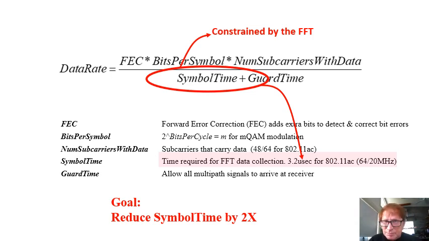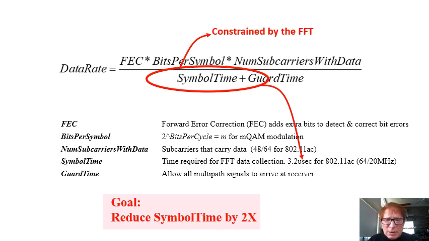Also, some subcarriers transmit pre-assigned or known values of A and B that can be used to adjust the channel calibration parameters. Recall the channel calibration was done as a part of the receipt of the preamble, but we can also do some within symbol calibration based upon these known pilot subcarriers. For 802.11 AC, only 48 of the 64 subcarriers carry data, which is in fact a 75% reduction in throughput.